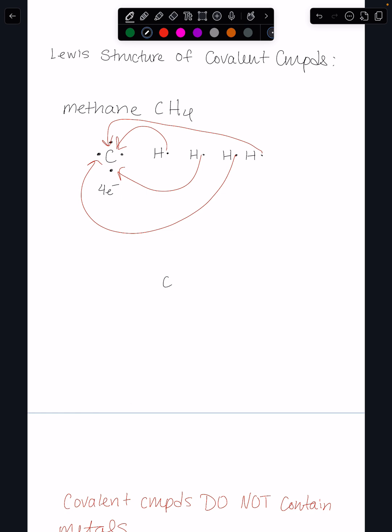So the way that looks is, here's carbon with his 4 electrons, and I will put hydrogens, electrons, and the H's in purple so you can see those. And there are the 8 electrons. So hydrogen is happy because it thinks it has 2. That's the quote-unquote octet rule for hydrogen. It can only have 2.